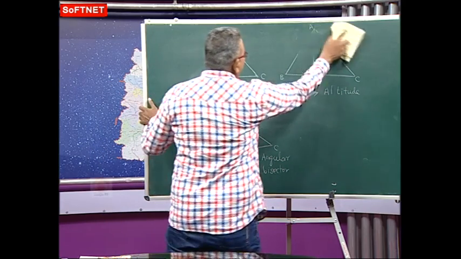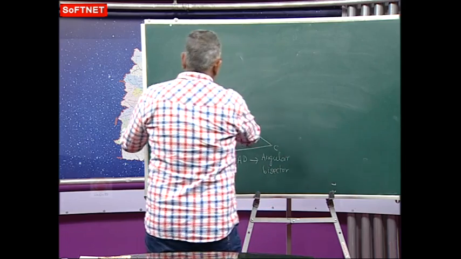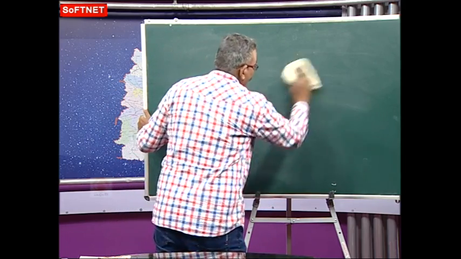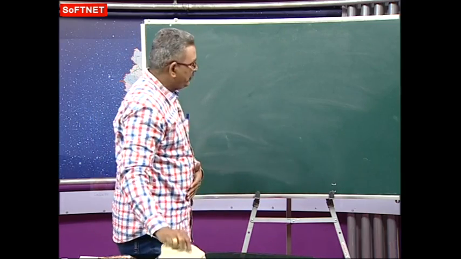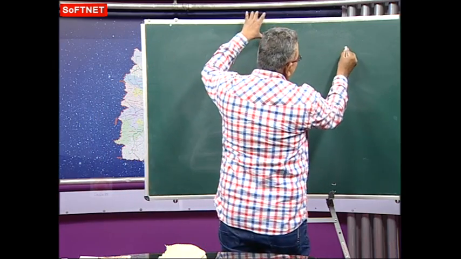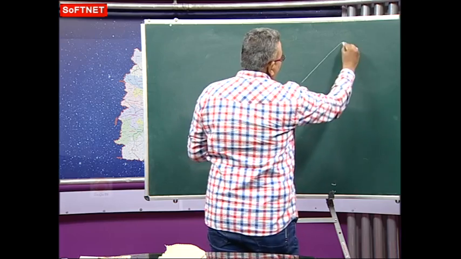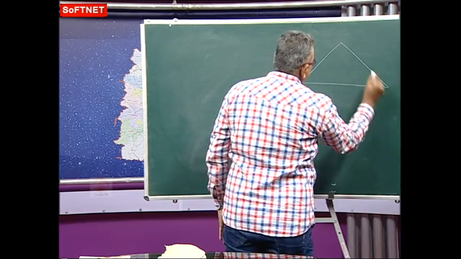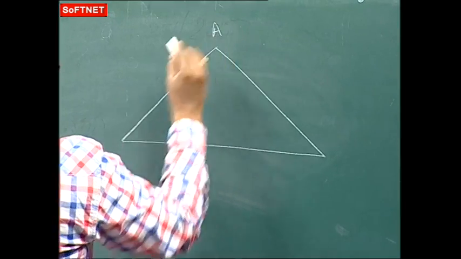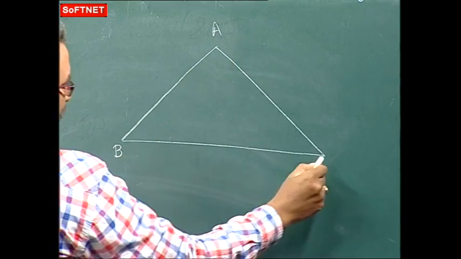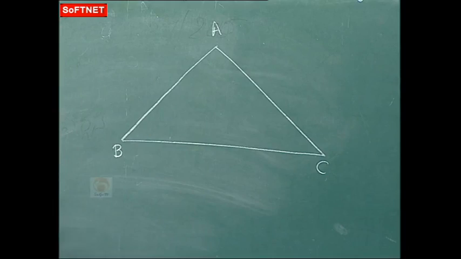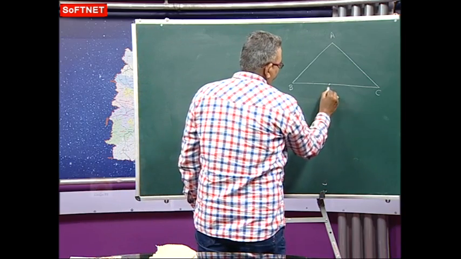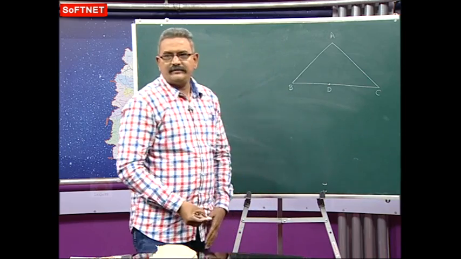So let us come to the first center, that is centroid. Suppose you take a triangle ABC. Let D be the midpoint of BC.